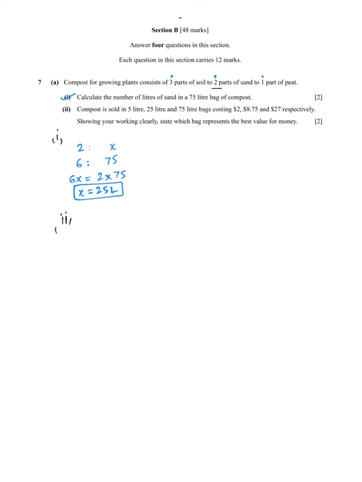Alright. So compost is sold in 5, 25 and 75 liters. If it's 5 liters, the price is $2, if it's 25 liters, the price is $8.75, and if it's 75 liters, the price is $27. All I need to do is find the quantity for $1.